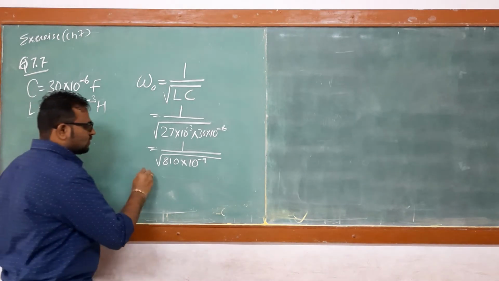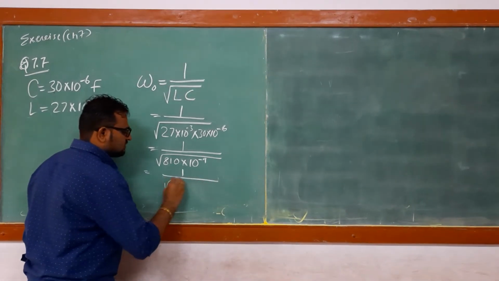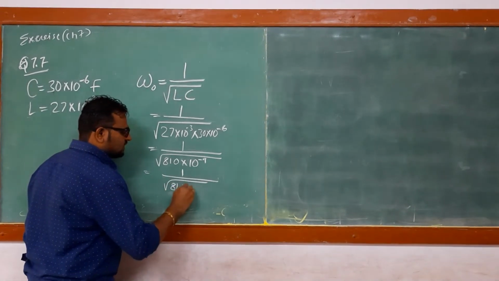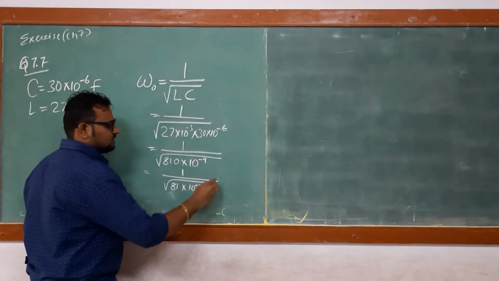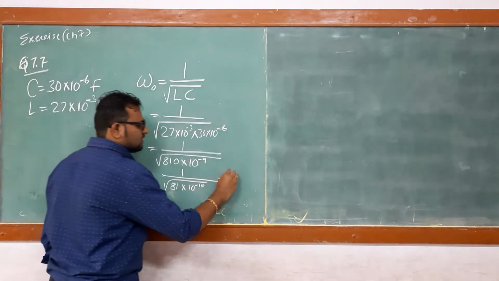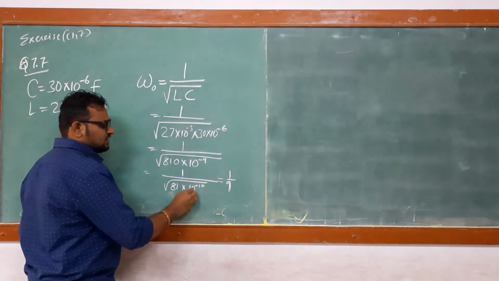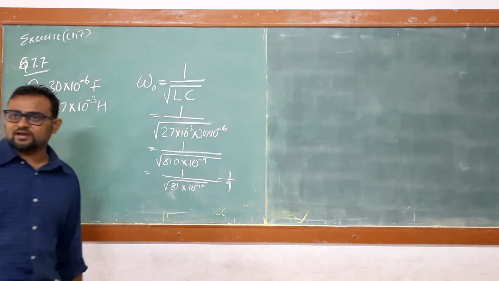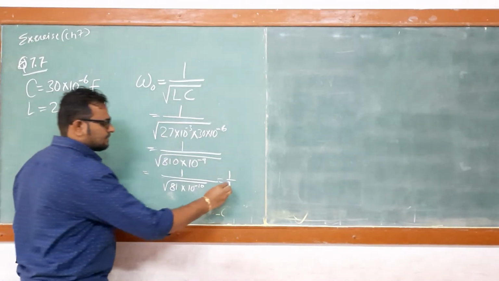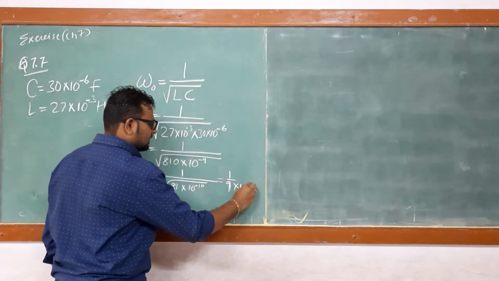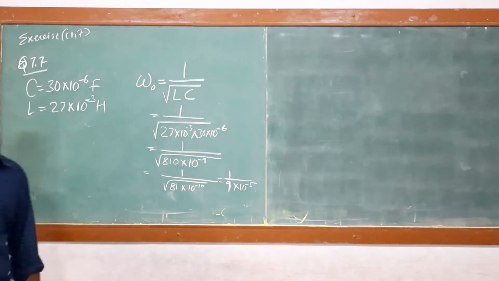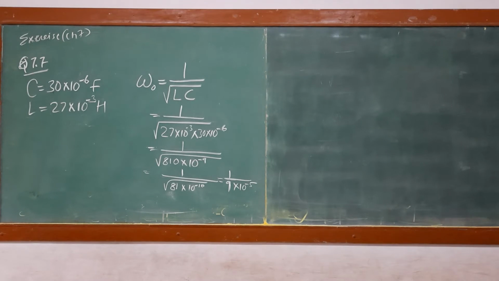So for the square root, we must rearrange it: 81 into 10 raised to minus 10. So square root of 81 is 9, so 1 by 9, and square root of 10 raised to minus 10 will be 10 raised to minus 5. Okay, clear?